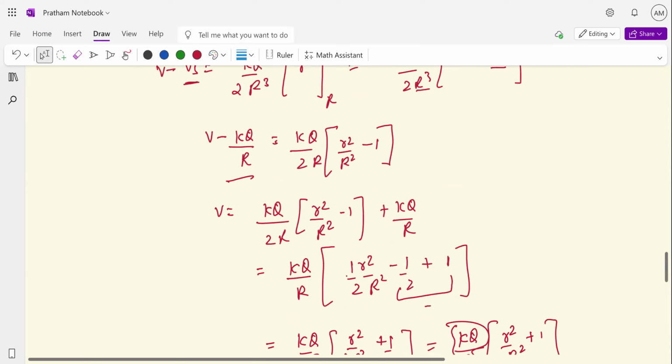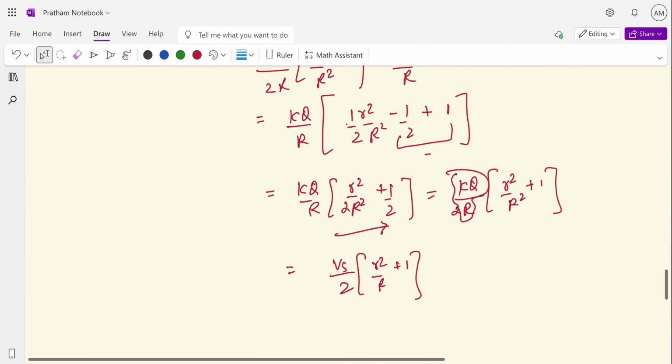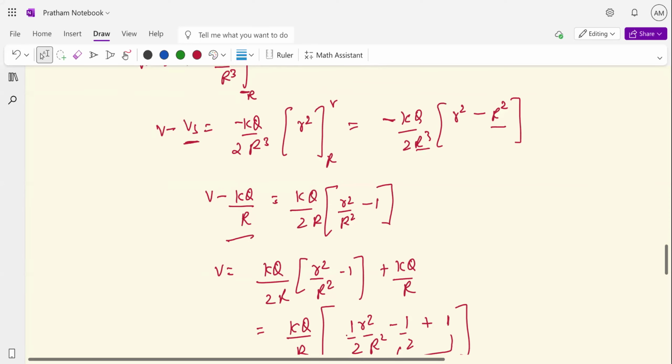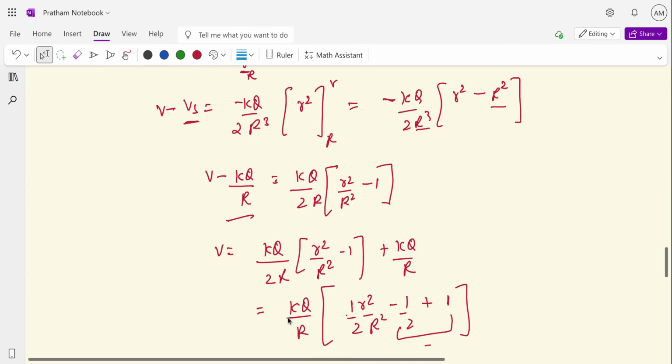I think some mistake is there. I'm not sure whether it is in the calculation part or where it is, but I can think of one mistake over here. Okay, so I took this R outside.